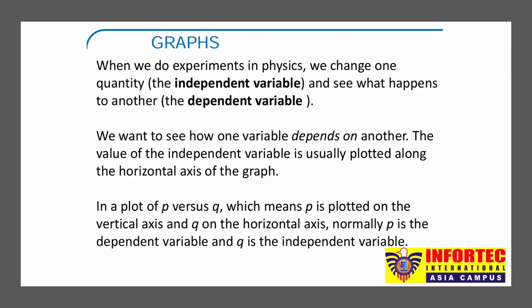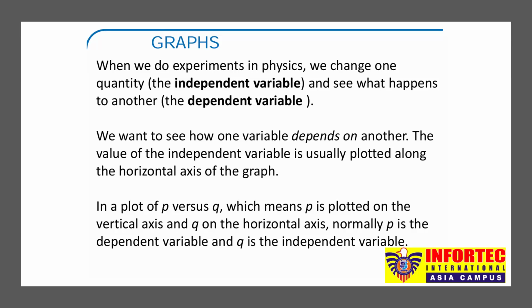Right? We call that the dependent variable, since it depends on the first quantity. Then we want to see how one variable depends on another. The value of the independent variable is usually plotted along the horizontal axis of the graph.